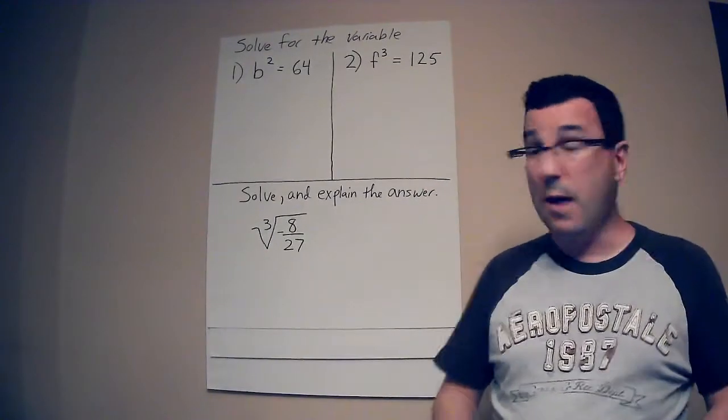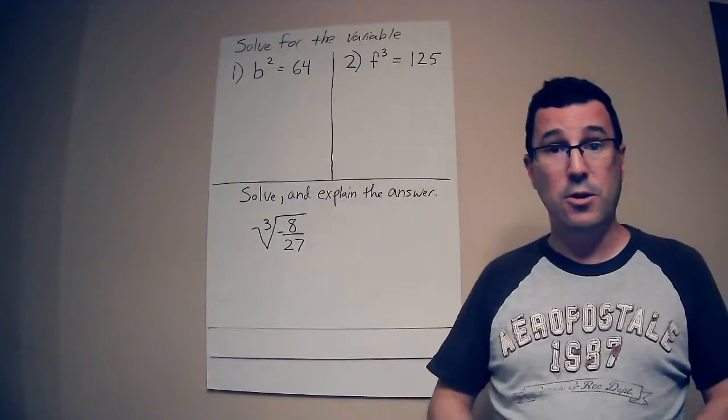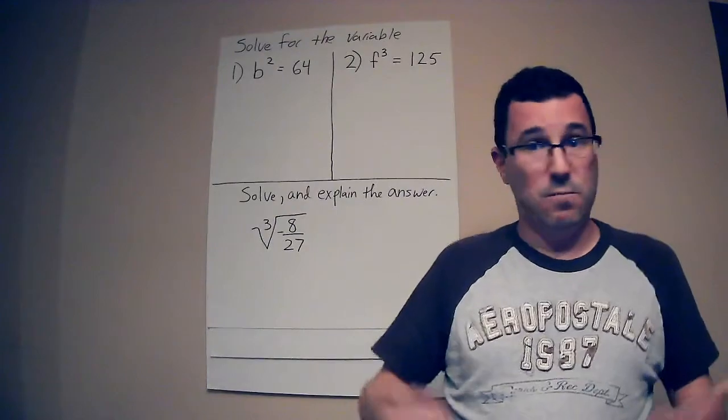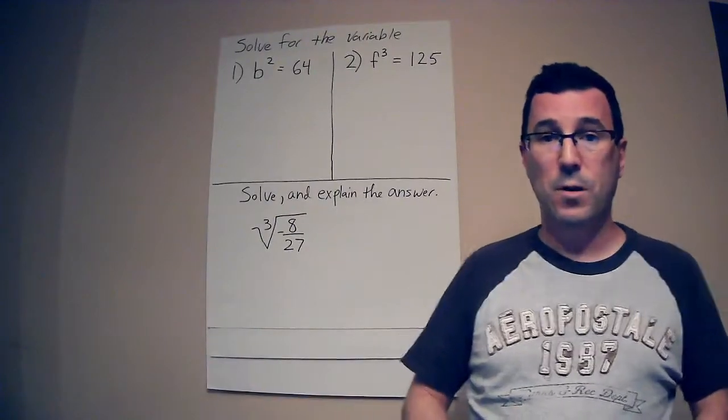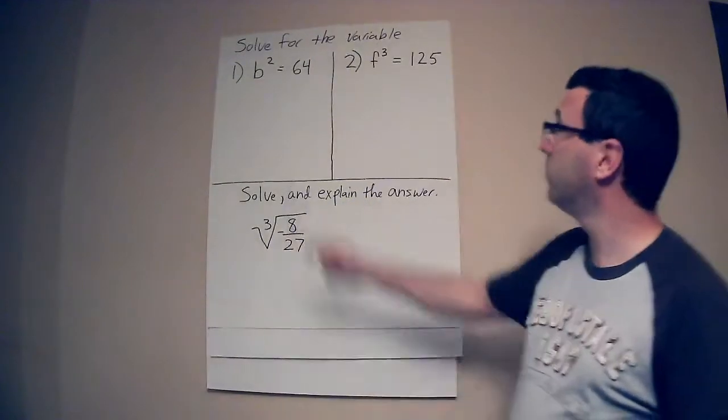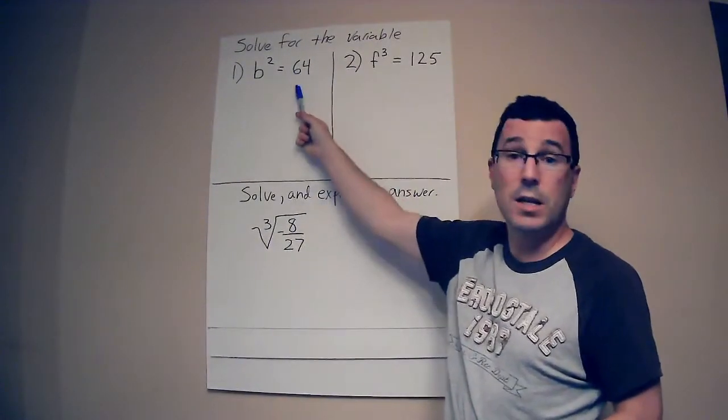So first off, we have a couple of basic equations. Solve for the variable. That's usually what you're going to get, is you're going to solve for the variable. So we'll take a look at the first one. The first one, b squared equals 64.